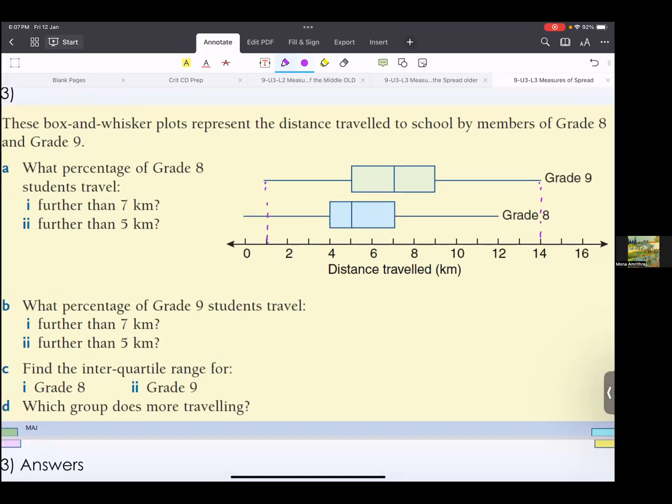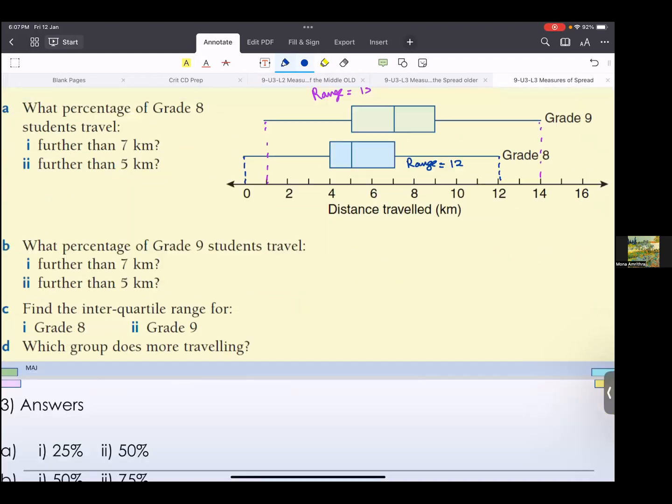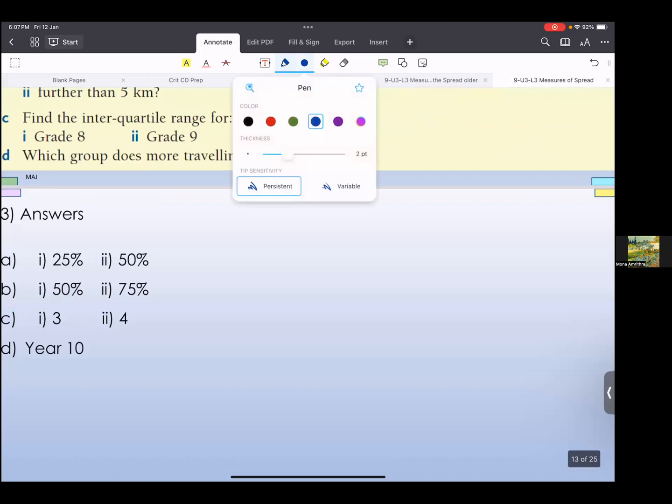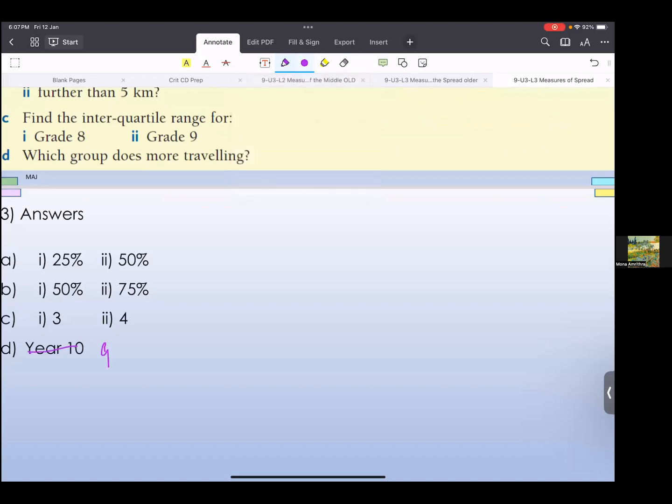This is at 1. So the range here is 13, and for the other one, it is between 0 and 12. So the range here is 12. So I think that should be grade 9. I have no idea why I put year 10. That is grade 9.